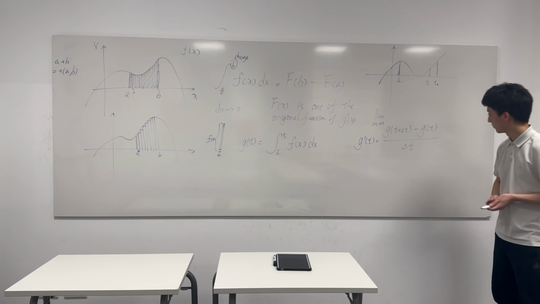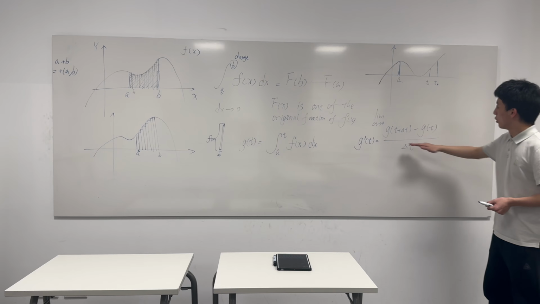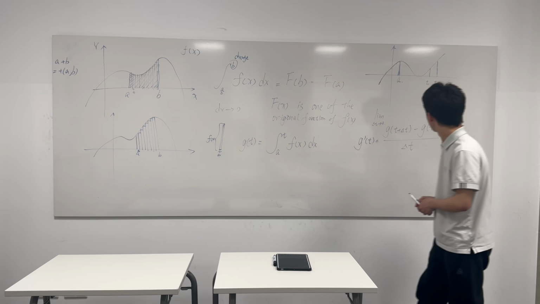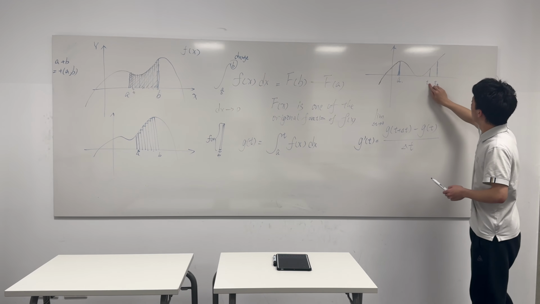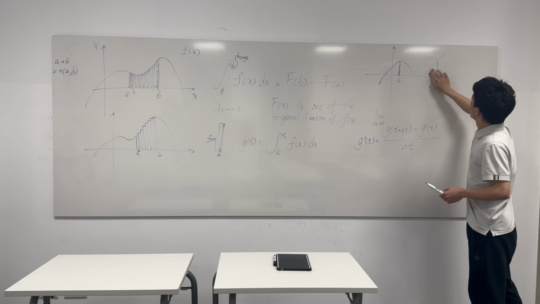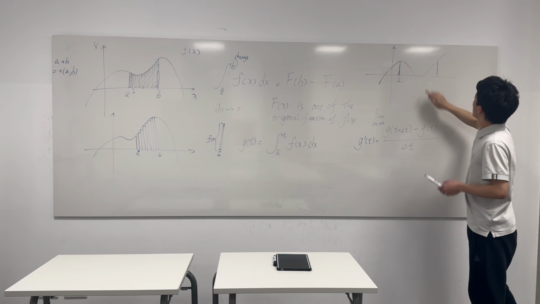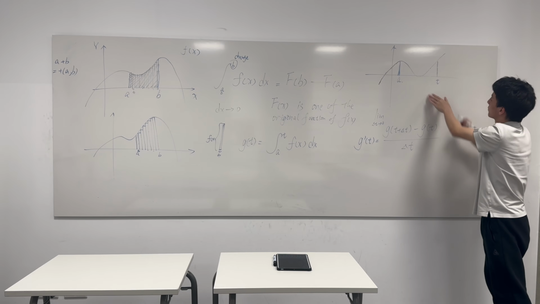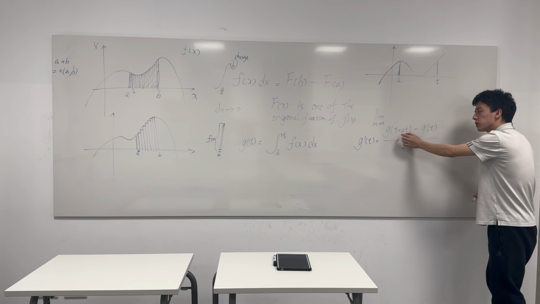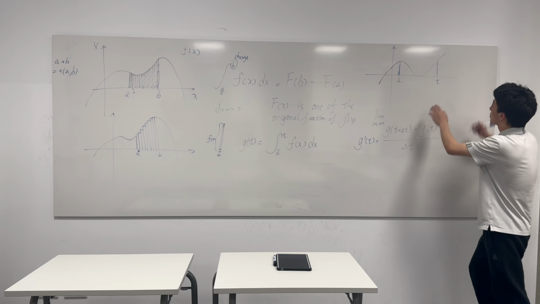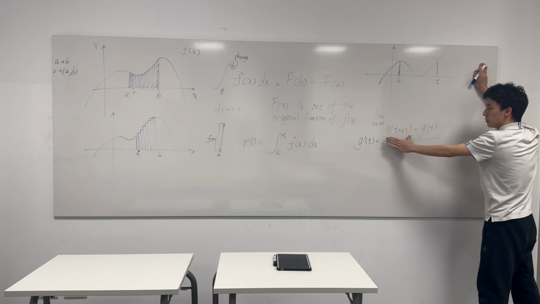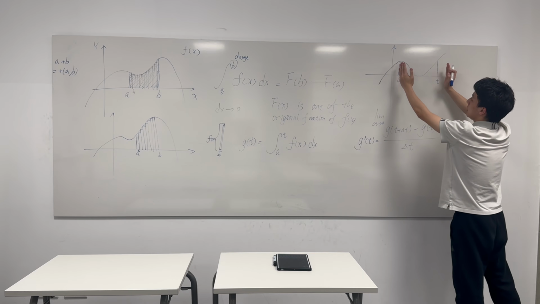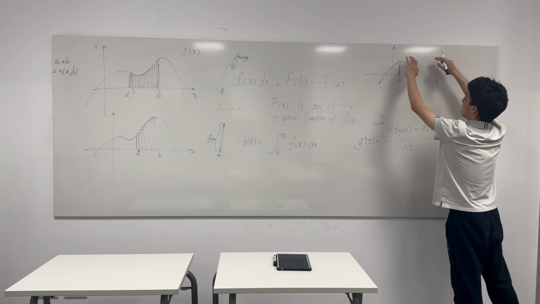What does it mean? Remember how I explained something here. For example, let's say this here is t. And t plus delta t represents, so right now G(t) is like the area between this range and under the curve.